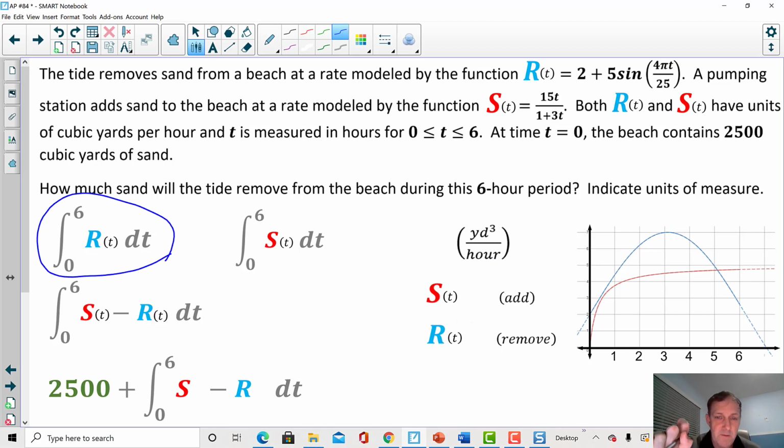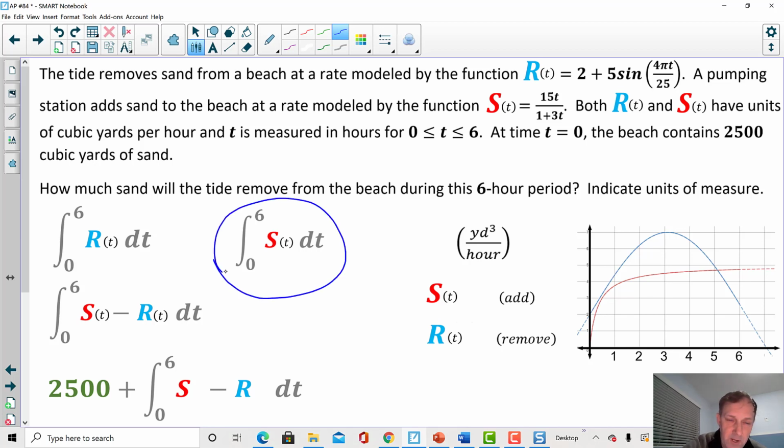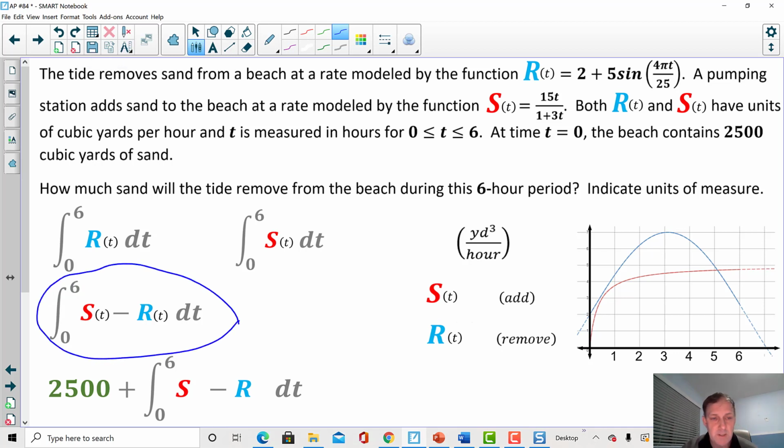But I do want to explain the other integrals that are listed here. If we were to do this integral here, that would tell you how much sand was added during the first 6 hours. If we did this integral right here, this would just be all the changes during the first 6 hours. If you get positive, that means it increased by that amount.